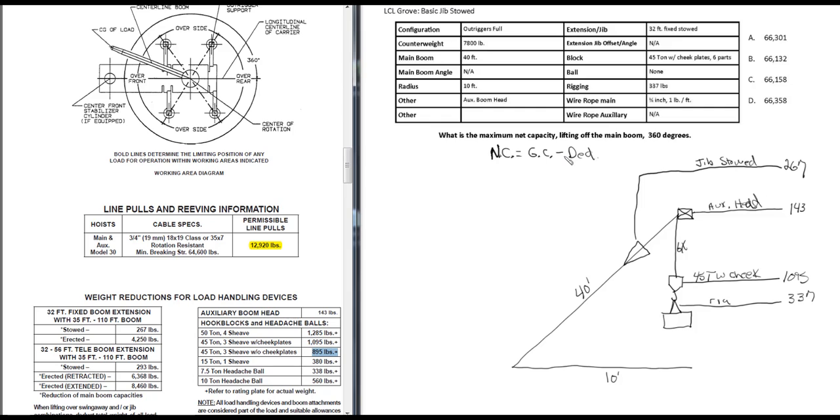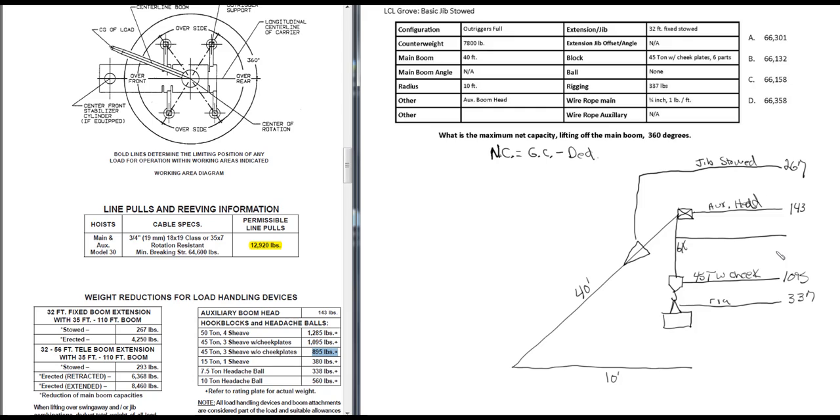One other deduction we need to think about is the wire rope deduction. On some cranes, you deduct all of the wire rope from tip to ground. That's not the case with this crane. You only deduct the wire rope that is in excess of what you need to make the lift.